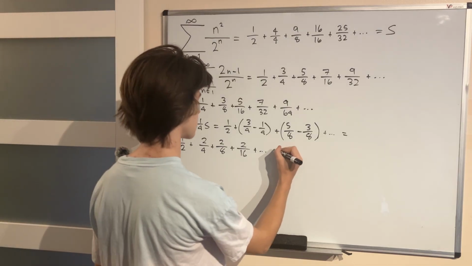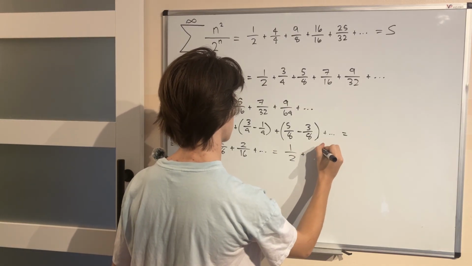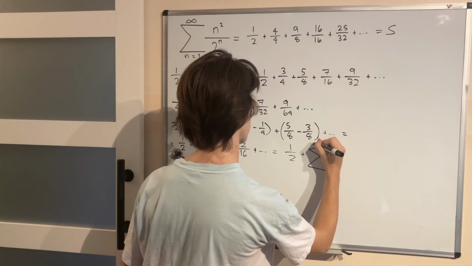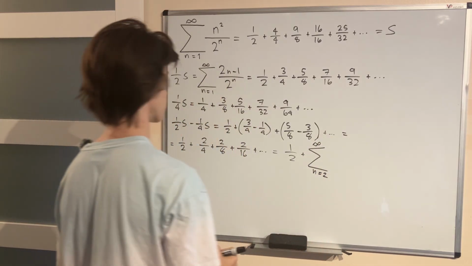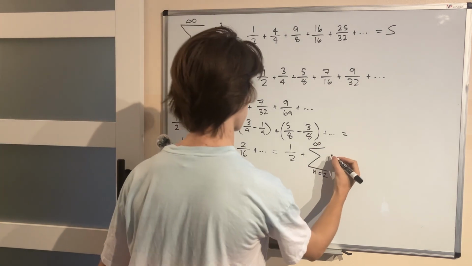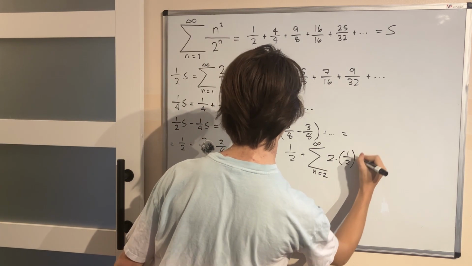And we can, of course, rewrite this in summation notation as 1/2, which doesn't really fit in, plus the sum to infinity of n equals 2 of 2 times (1/2) to the n.